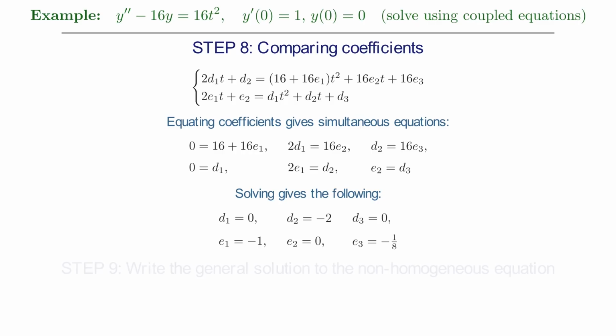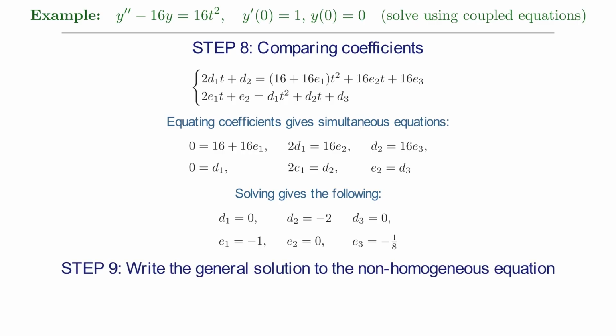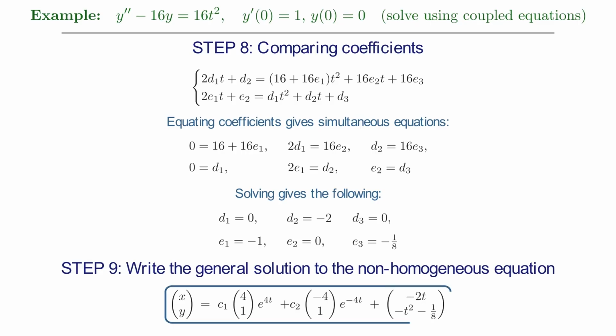This allows us to write the general solution by putting these values in for our quadratic. So we get that (x, y) equals c1 (4, 1) e to the 4t plus c2 (-4, 1) e to the minus 4t plus (-2t, -t squared minus 1 over 8).